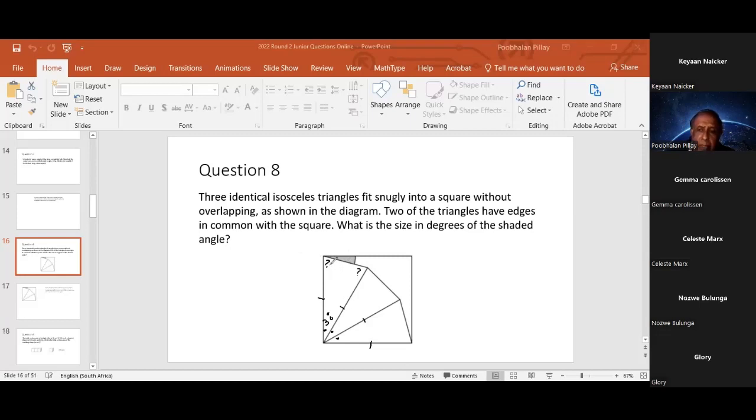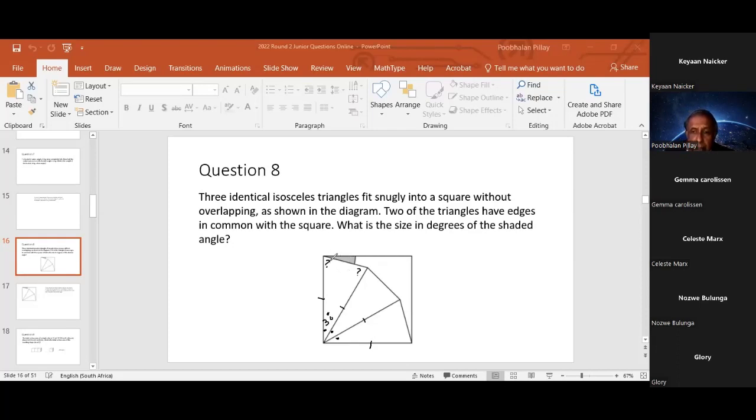But whatever the case may be, when you add these two, they must be 150, because all three angles sum to 180. So if one of them is 30, these two add up to 150, but they are equal because this is an isosceles triangle. And in an isosceles triangle, the angles opposite the equal sides are equal.